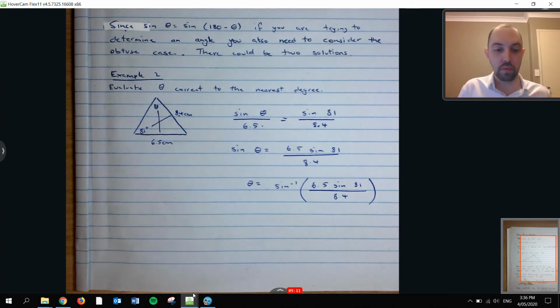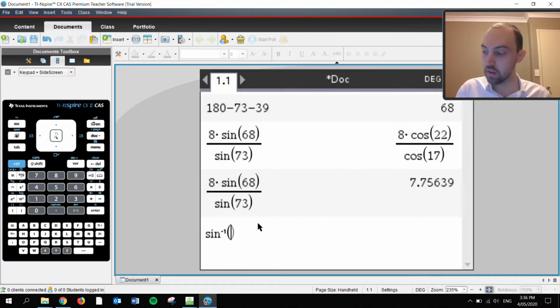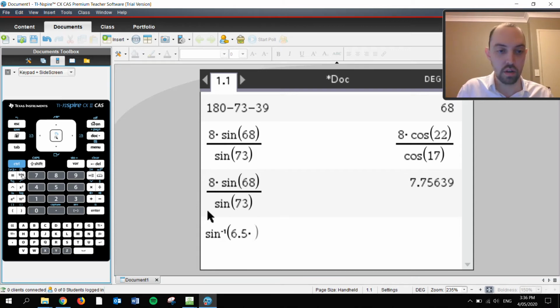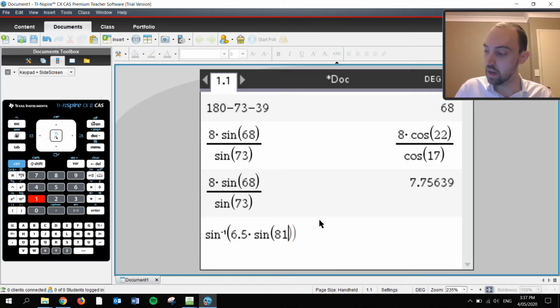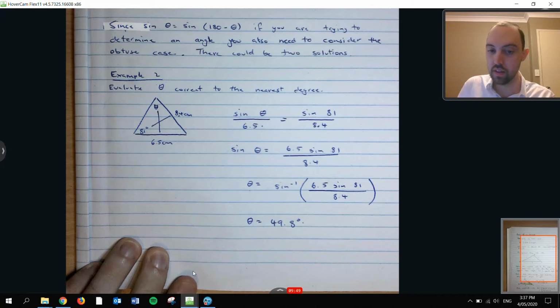And when we go to our calculator, we'll go sine to the negative 1 of 6.5 times sine 81 divided by 8.4, and we get theta is equal to 49.8 degrees. But we want to check the obtuse case as well. So it looks like this.